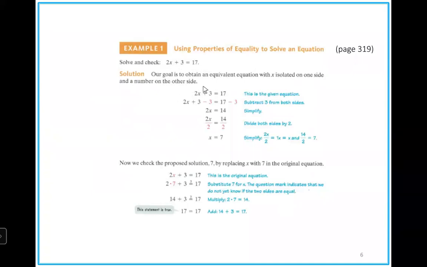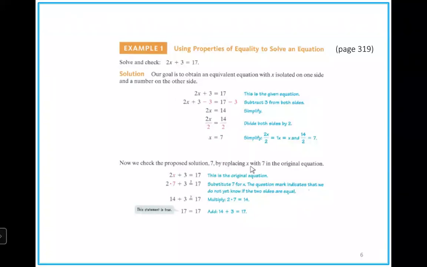So the first thing we do is eliminate the 3. The opposite of adding 3 would be to subtract. So if you subtract 3 from both sides, you're going to end up with 2x equals 14. Then this is a multiplication, so the opposite would be to divide. So you divide both sides by 2. That gives you x equals 7.